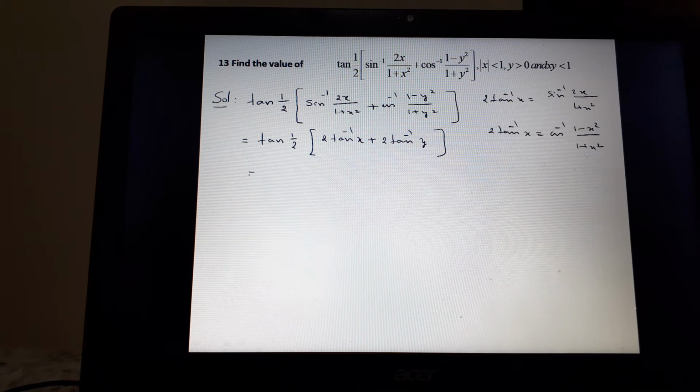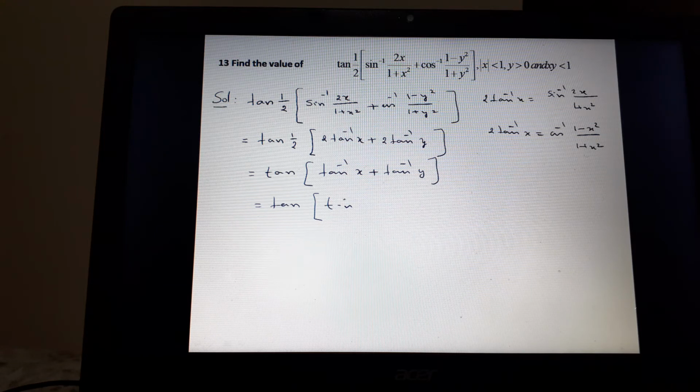So now this 2 and this 2 cancel, leaving tan of tan inverse x plus tan inverse y. Now this equals tan of, once again we know the formula, tan inverse of x plus y by 1 minus xy, provided xy is less than 1, which is already given.